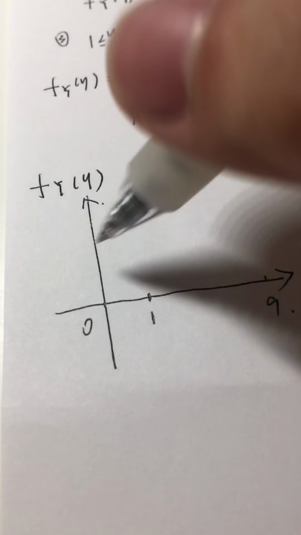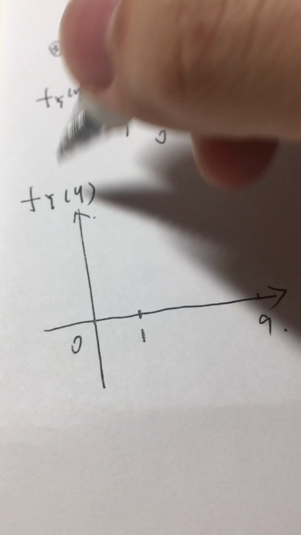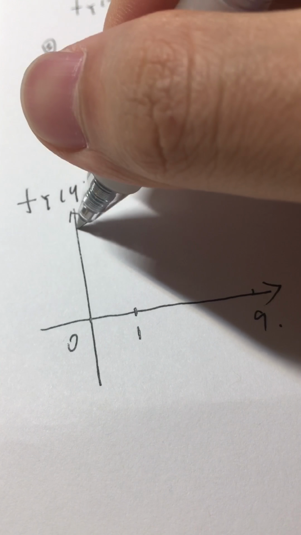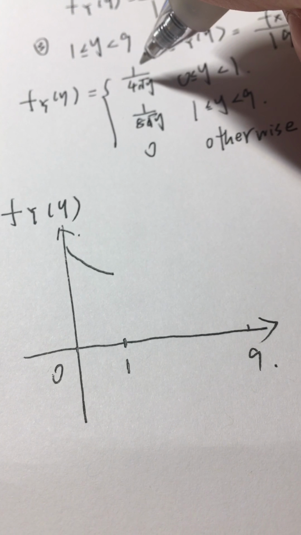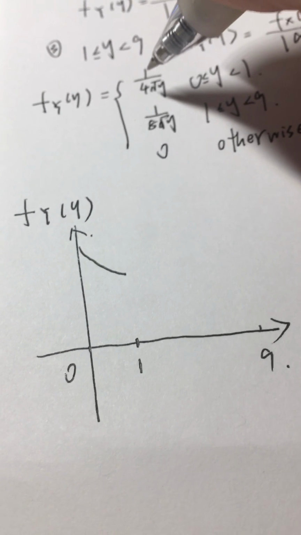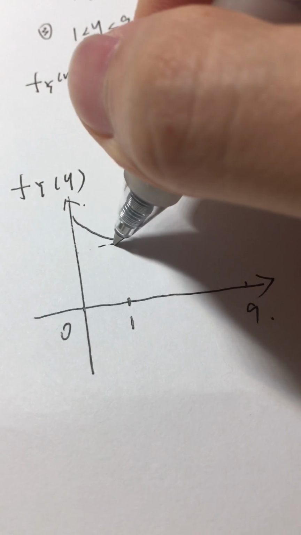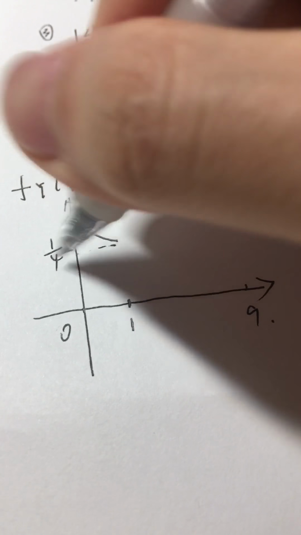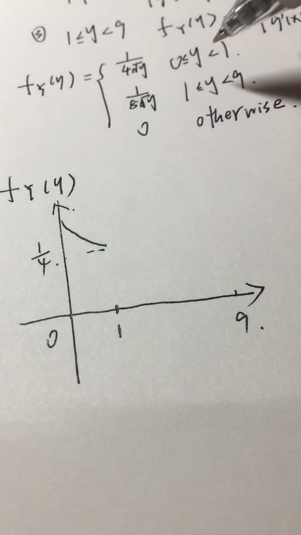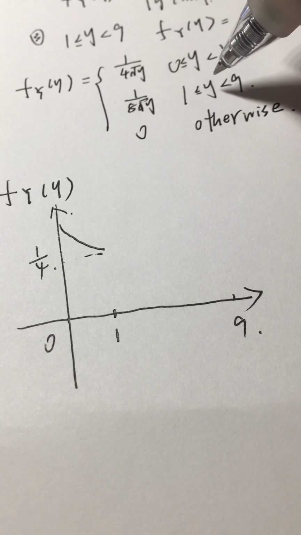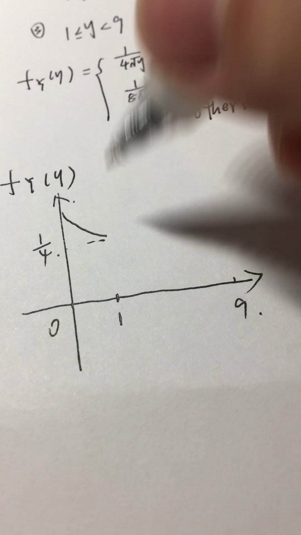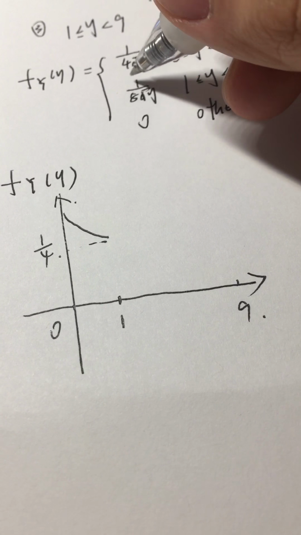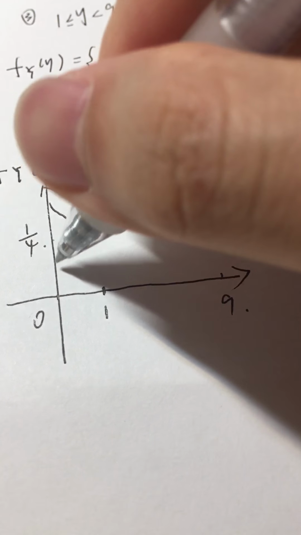When y is between 0 and 1, fy is this. When y equals 1, the function equals 1/4. And when y is between 1 and 9, when y is equal to 1, this function is 1/8.